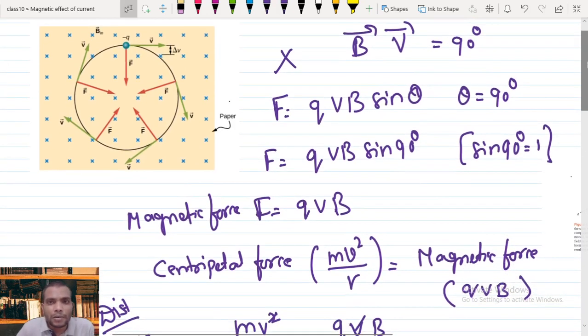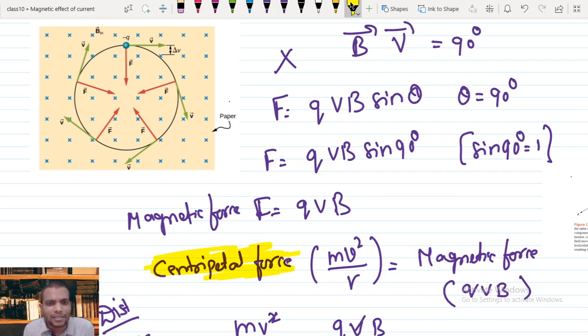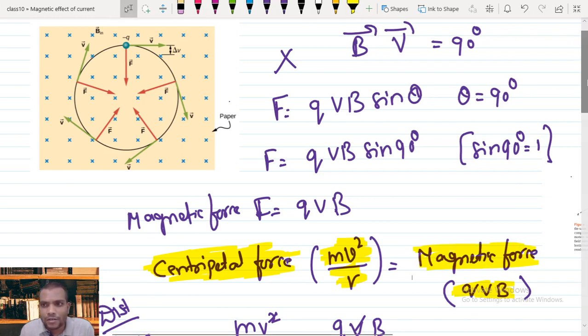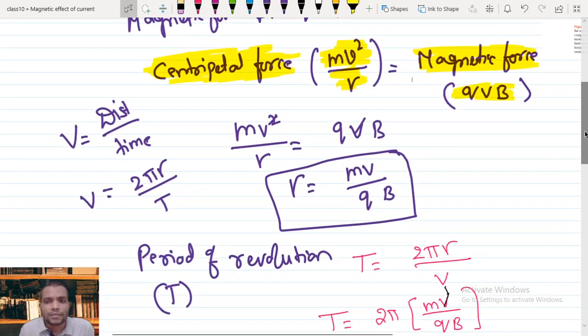We need to remember that the centripetal force which is acting balances the magnetic force, because since it is moving in a circle, the centripetal force always equals the magnetic force in this case. So from here we went ahead to find the radius of the circle.